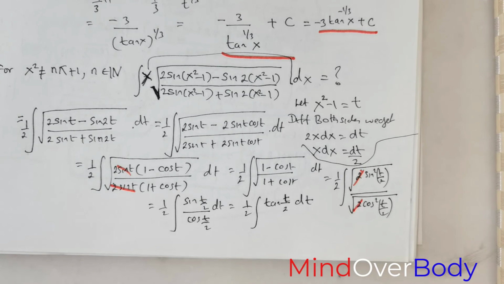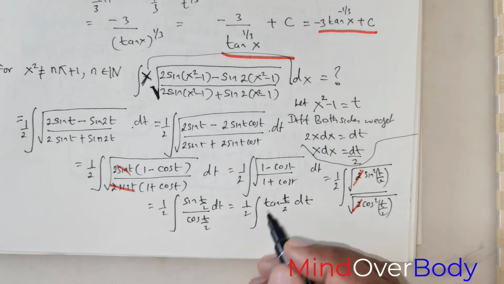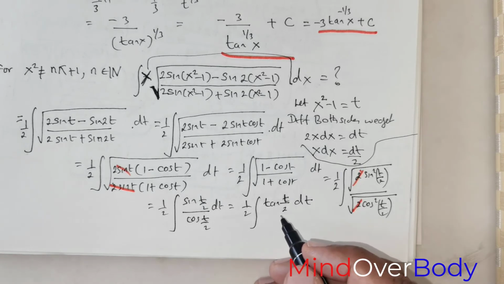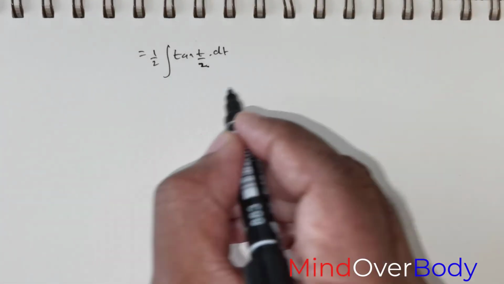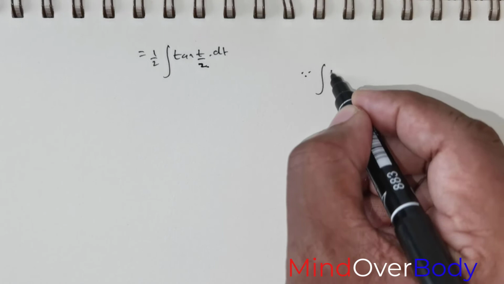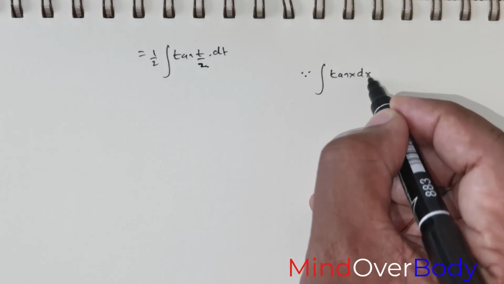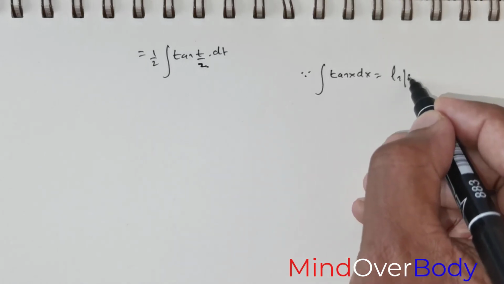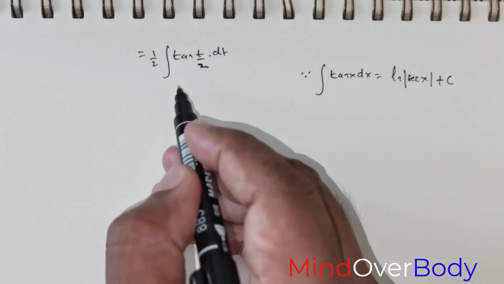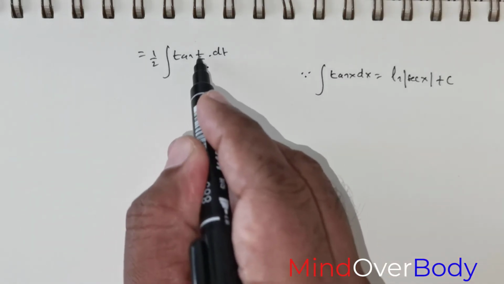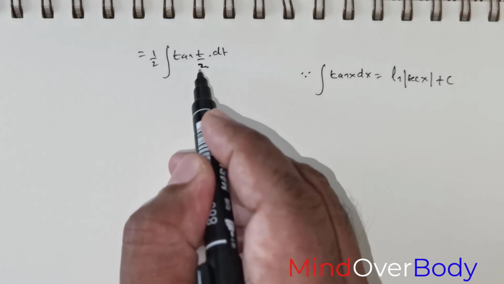Right? Now if in case you're not happy with t over 2, you can make the substitution. Now you can directly integrate this. Since we know that integral tan x dx is ln of secant x plus c, you can use this formula here, but you got t over 2 here, so you need to be careful.